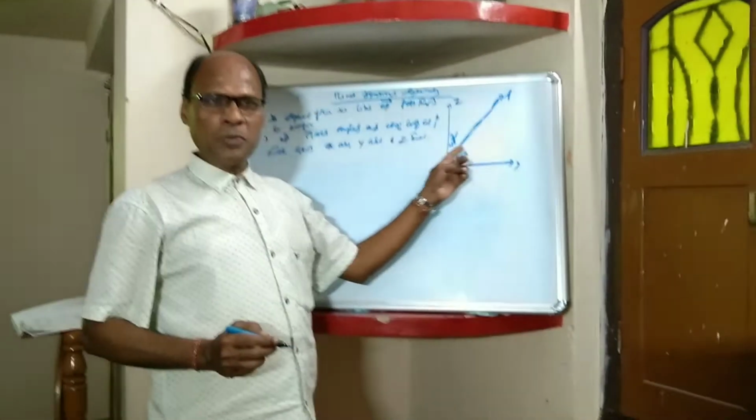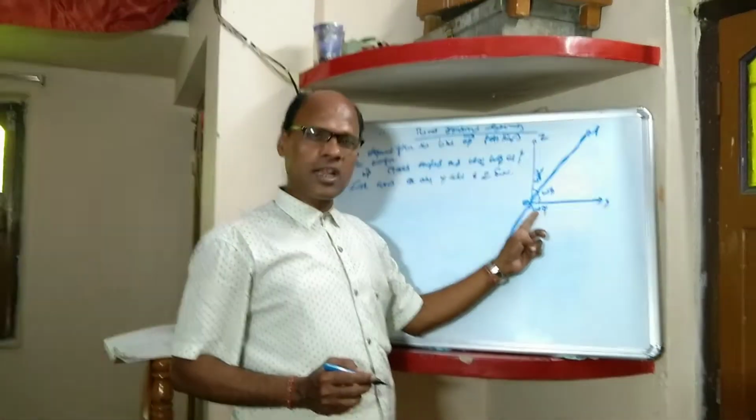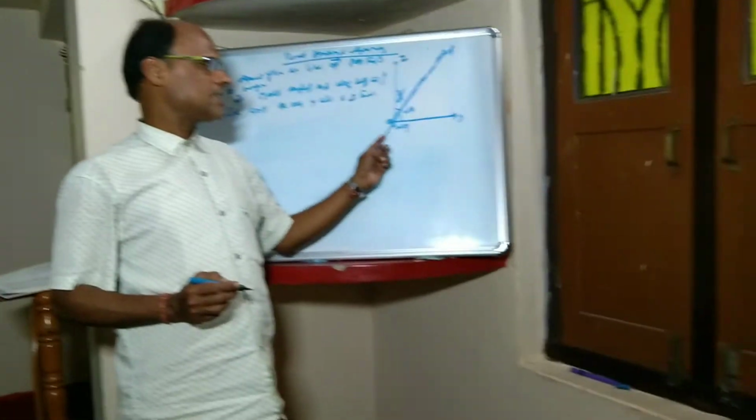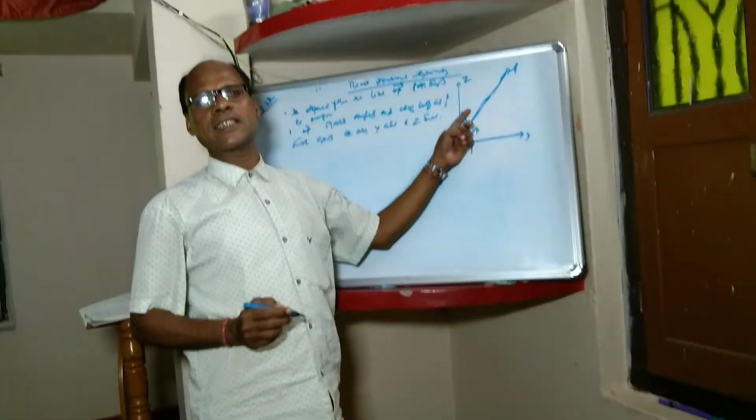Then OP makes angles with the x-axis, y-axis and z-axis whose cosines are cos alpha, cos beta and cos gamma.